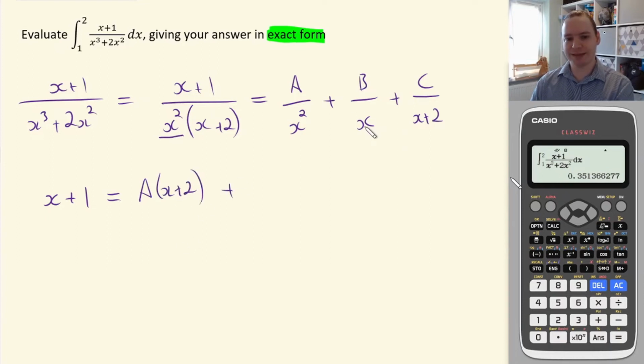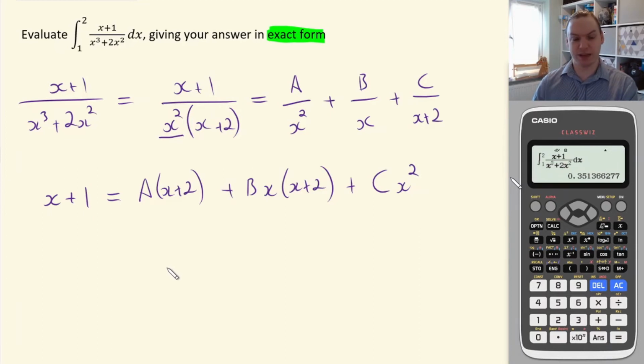B over x needs to be multiplied by x and x plus 2, and c needs to be multiplied by x squared. And now I can begin my work of sorting all of this out. Obviously I can't zero the c term, because if I zero this, I also zero the b term, and I end up with no.